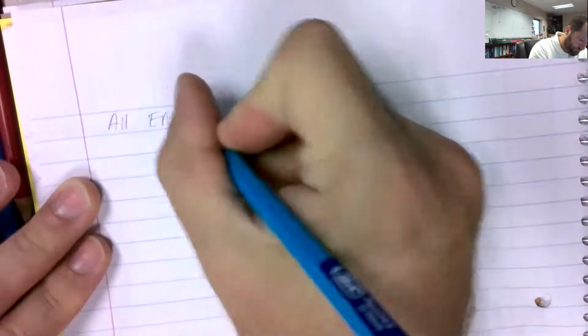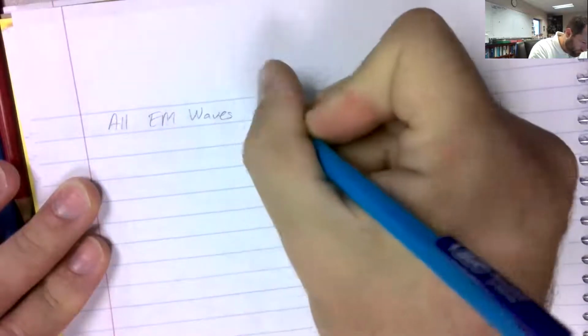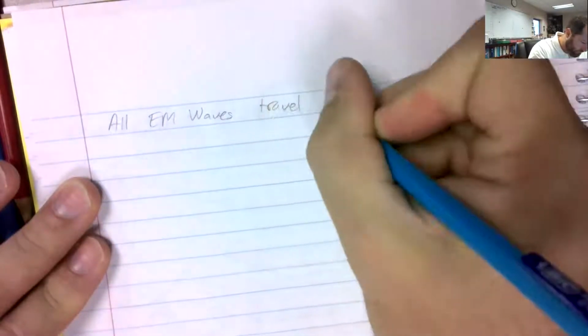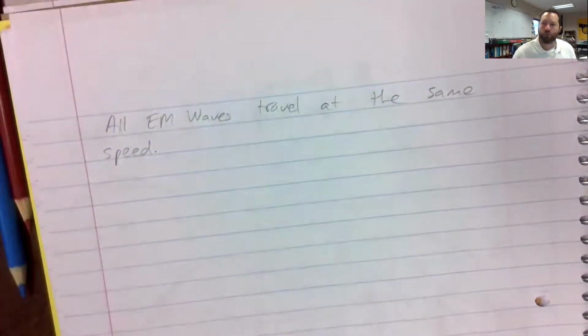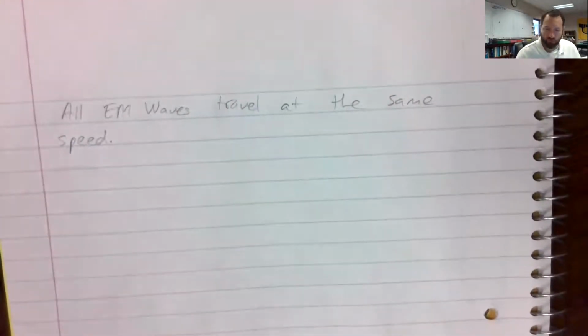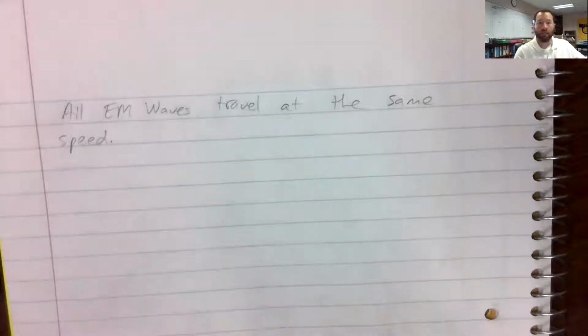But there's a couple of notes in what we're looking at here. All of those waves, doesn't matter. Some of them look long, some of them look short, some of them look tiny. They all travel at the same speed.